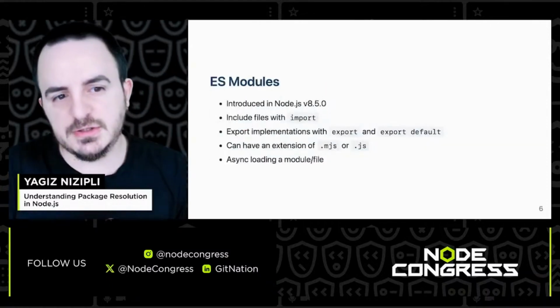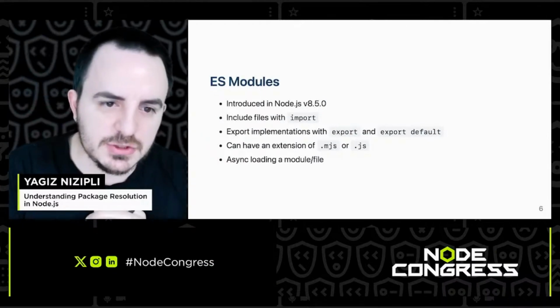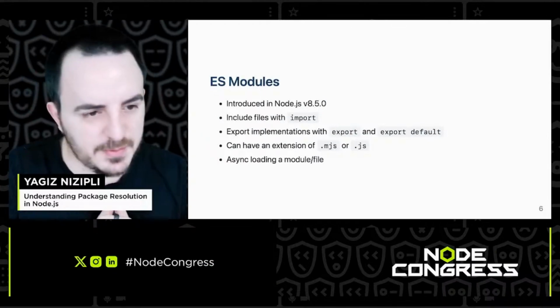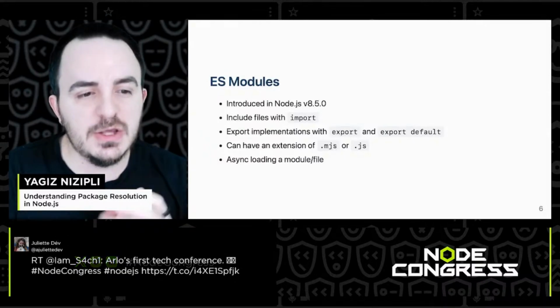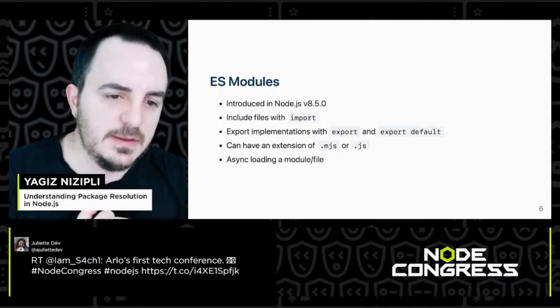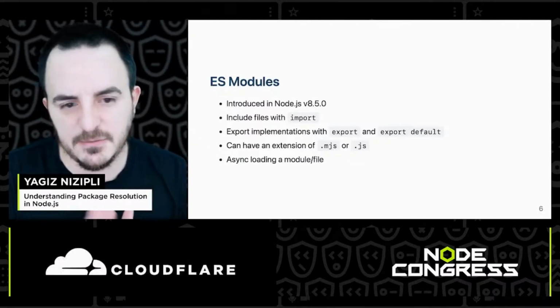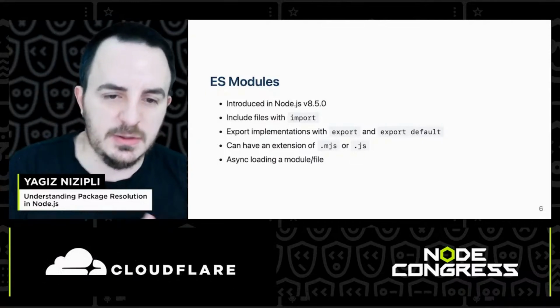But in ES modules, the idea behind it is a lot different. It was introduced in Node.js 8.5.0 with an experimental flag. In order to include files, you need to call it with import. If this import statement is on top of the implementation, not inside a function, then you can just use import.